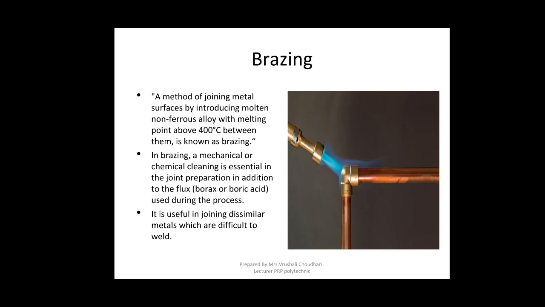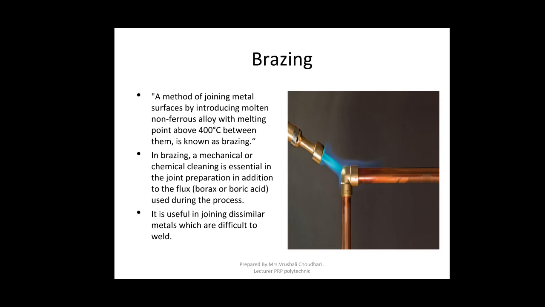Brazing. It is a method of joining metal surfaces by introducing molten non-ferrous alloy which has a melting point above 400 degrees Celsius. It is called brazing. For brazing, mechanical as well as chemical cleaning is essential at the joint portion.